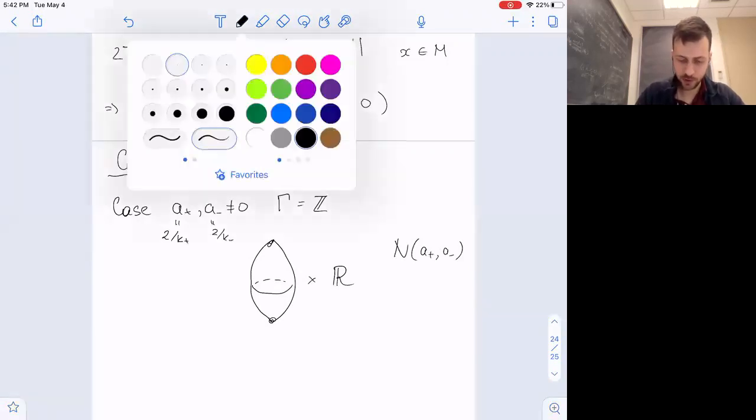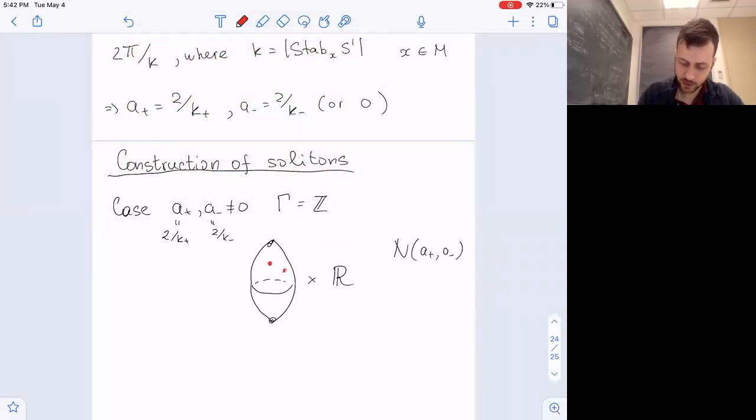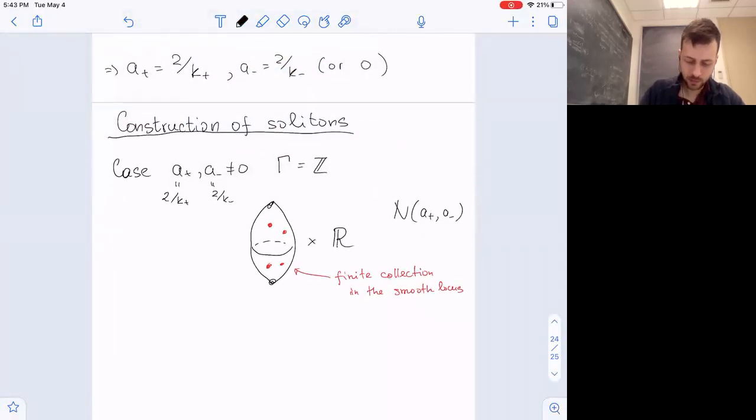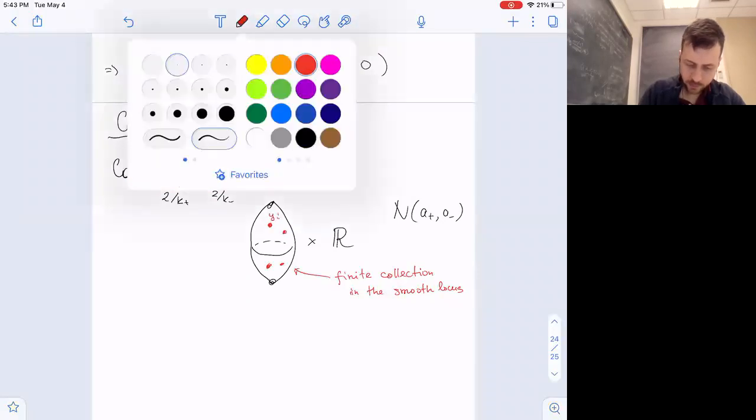So then what I allow myself to do is take a finite collection of points in the smooth locus. Let me denote these points yi.